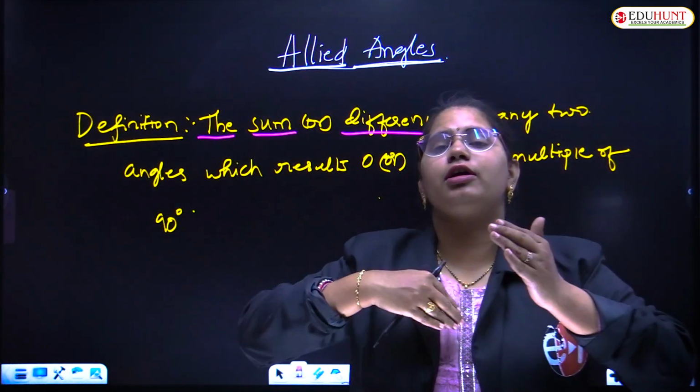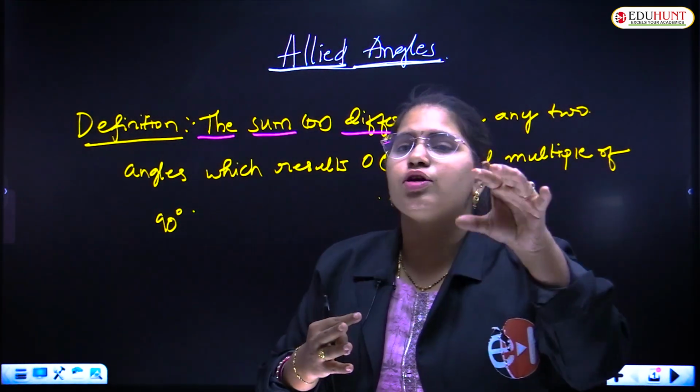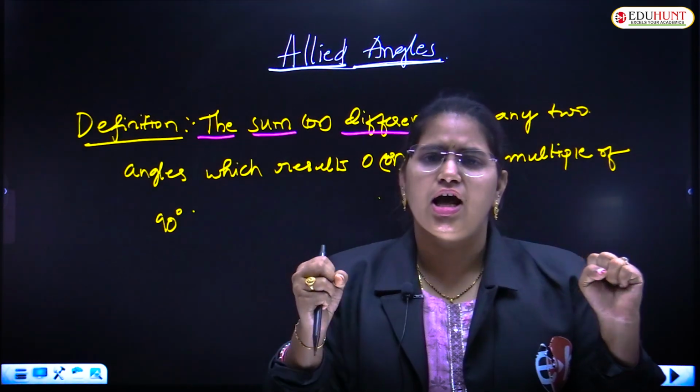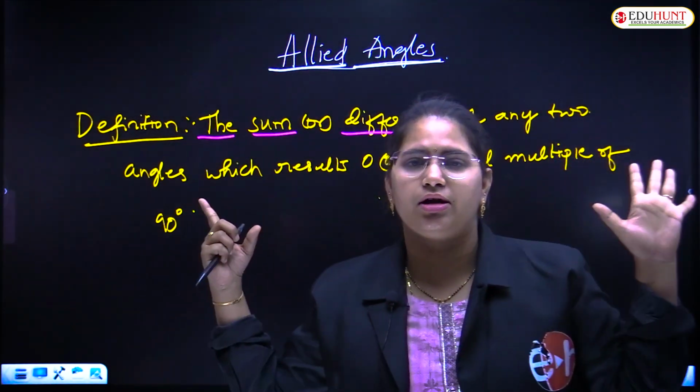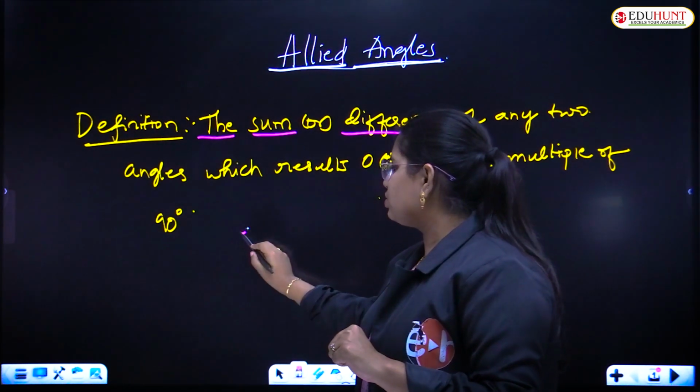What are the different types of angles so that you will get the result 0 or an integral multiple of 90? I will write some of them here.